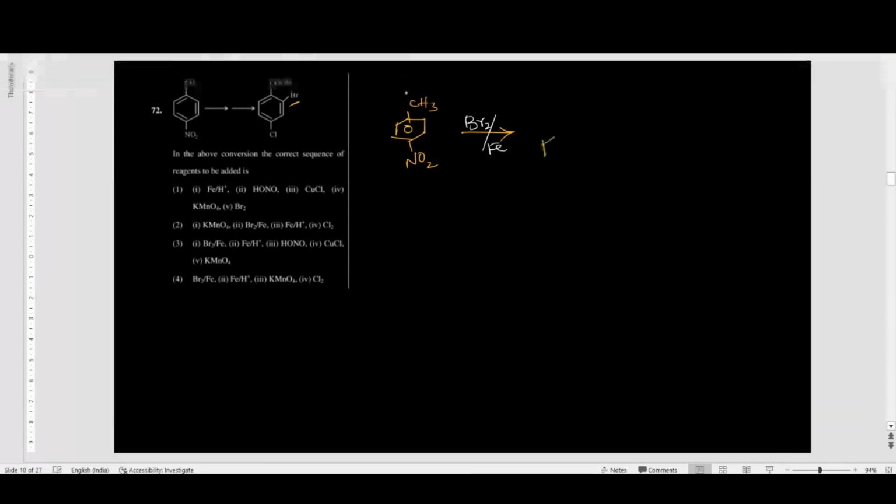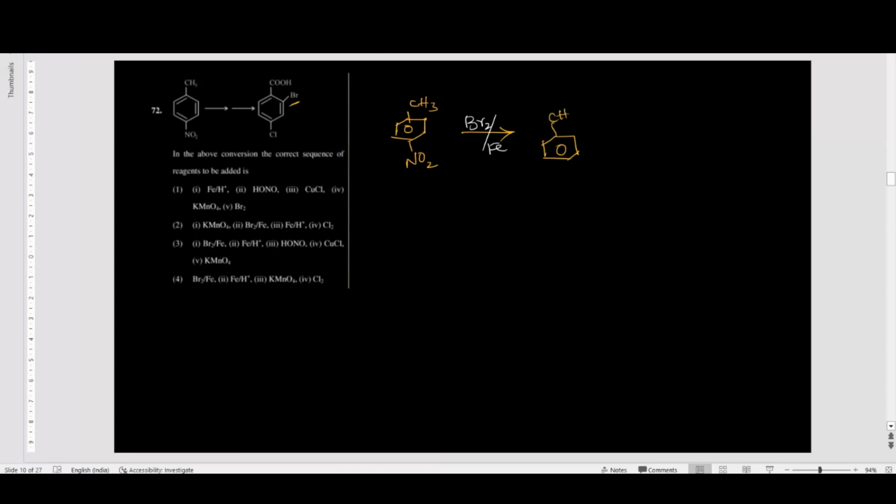Then we'll get here, as we know that EDG, electron donating groups, are ortho and para directing groups. So para is not free, so it would attack on this mostly. And as we know that NO2 is an electron withdrawing group, so it is meta directing. So in either position, this bromine will be substituted.